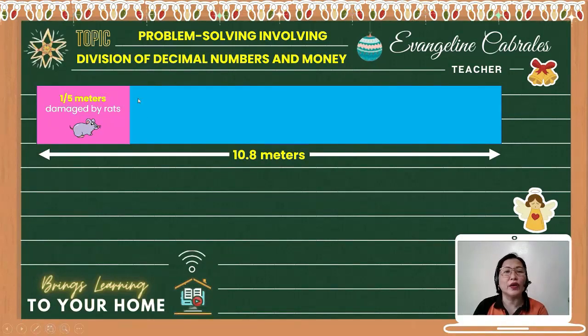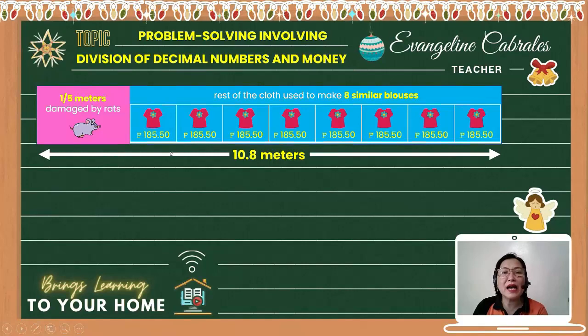Hindi ba? So, ito na lamang blue part ang natira na tela na pwede niyang gamitin na ginamit niya para gumawa ng 8 similar blouses. At yung 8 similar blouses na yon ay ibinenta niya ng 185 pesos and 50 centavos ang isa. Okay? So, na-visualize na ninyo, ha?